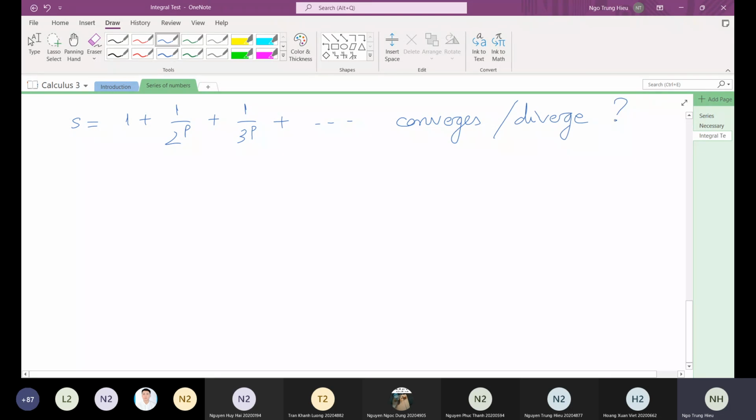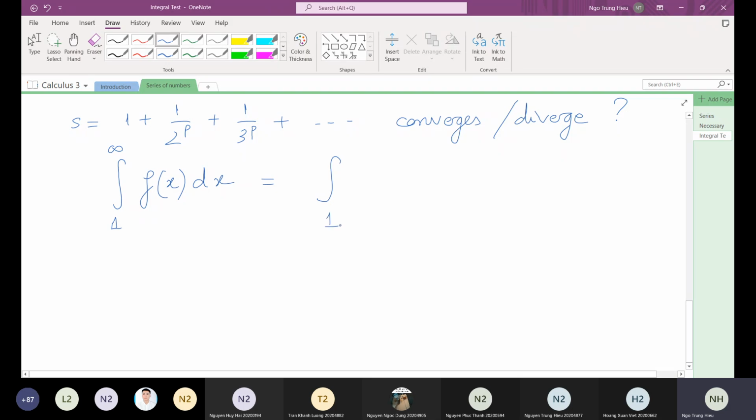Right, so we will check the integral of f(x) dx. If this integral converges, then the series converges. If this integral diverges, then the series diverges, right?